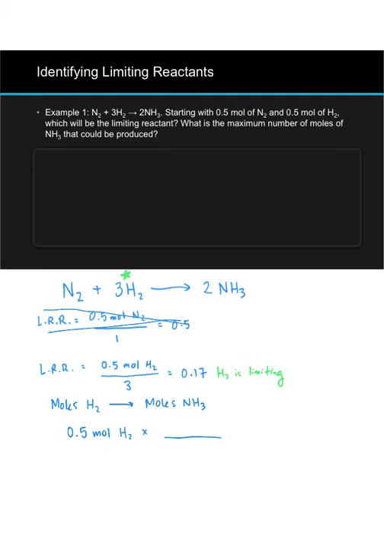We're going to convert to moles of ammonia by filling in a conversion factor with stoichiometric coefficients. Coefficient in front of ammonia is 2. In front of hydrogen is 3. The result of this calculation, keeping just one significant digit, is 0.3 moles worth of ammonia.